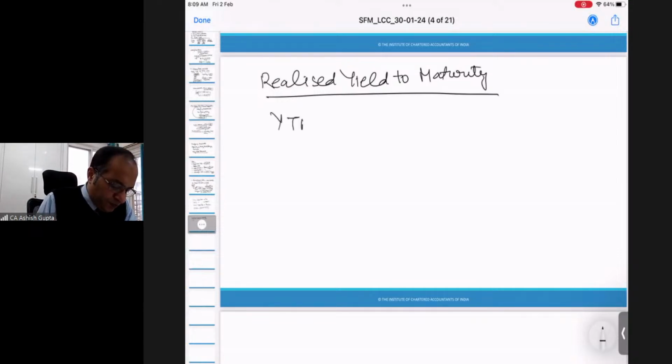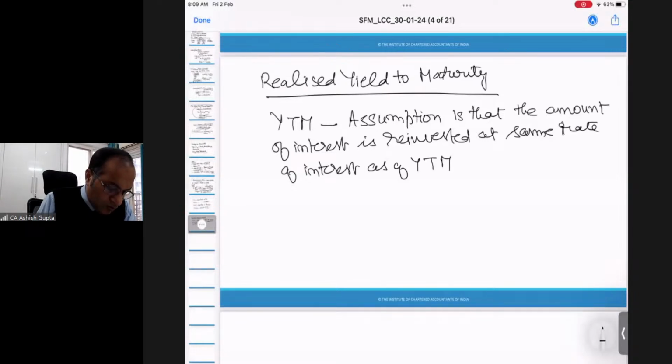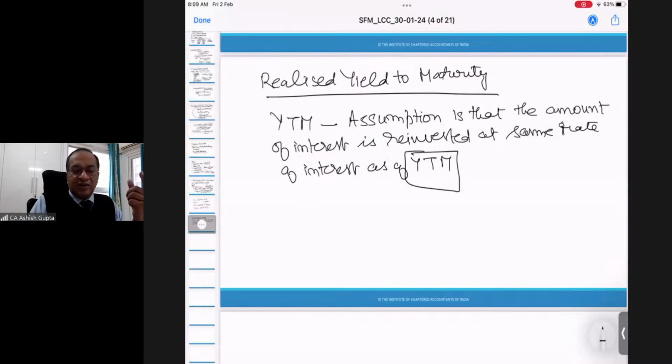So the assumption in YTM is that, because even this was the assumption in IRR.